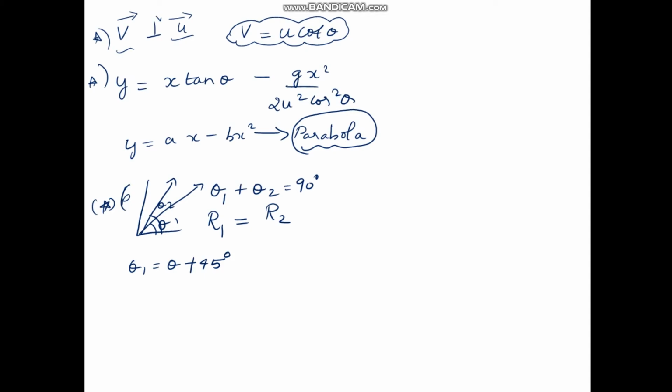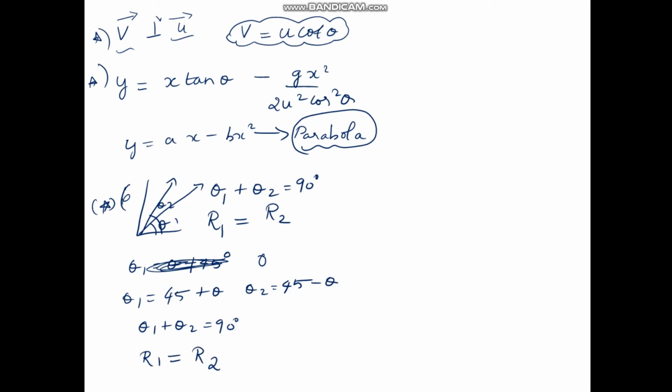Suppose theta 1 is 45 plus theta, and theta 2 is 45 minus theta. Then theta 1 plus theta 2 is 90 degree, so the range of the first projectile is equal to the range of the second.